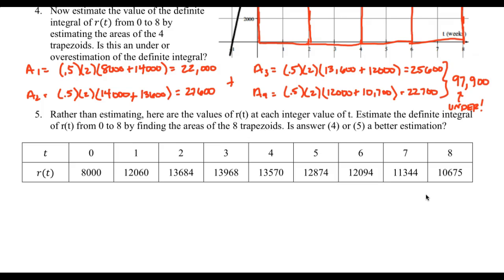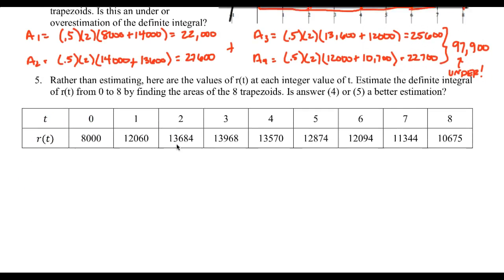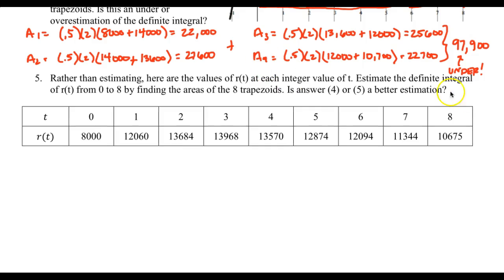Okay, so then rather than estimating, here are the values of R of t at each one of those. So now we have actual values. They're actually giving us the actual rate at each one of these times. And so I can find a better estimation for the integral using each one of these.